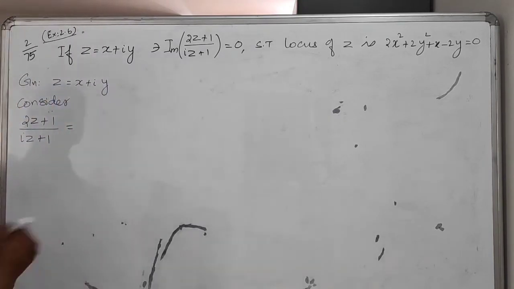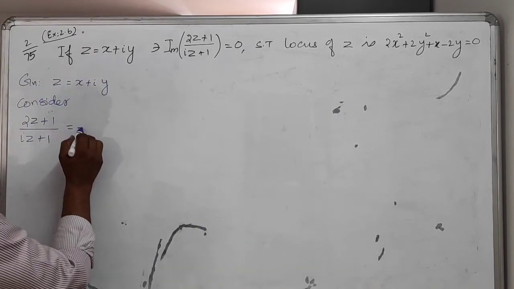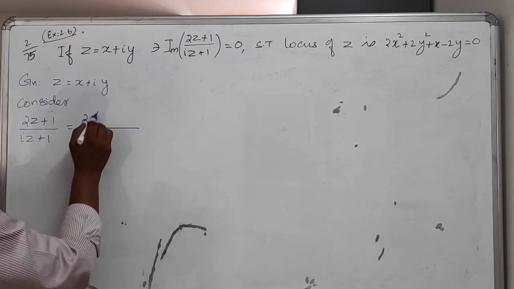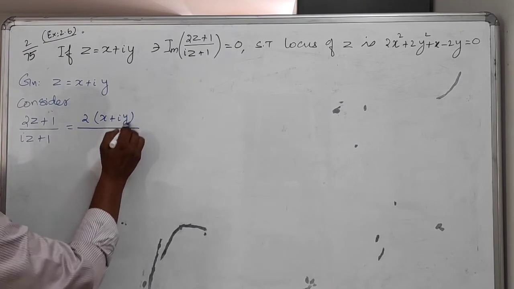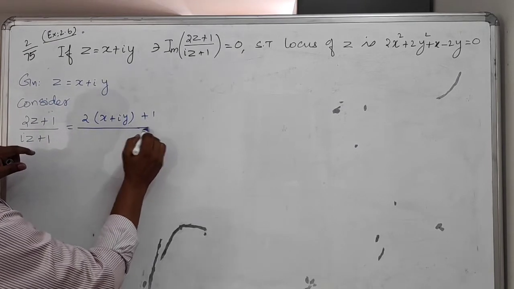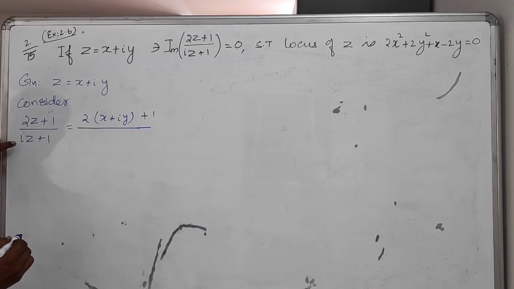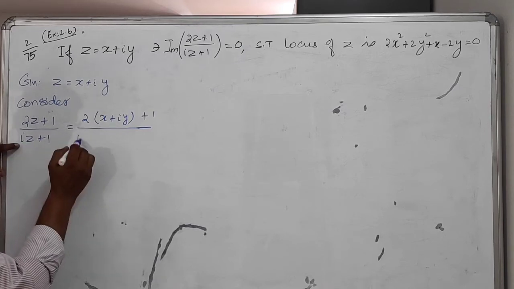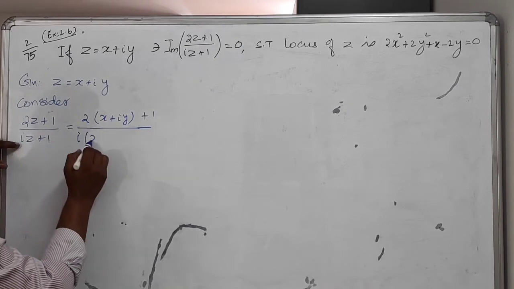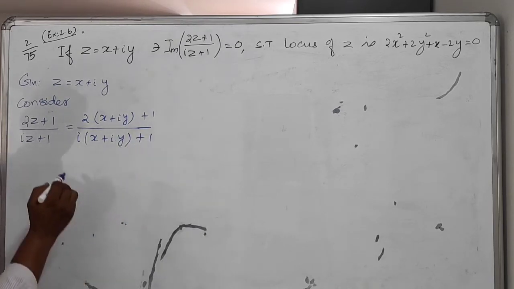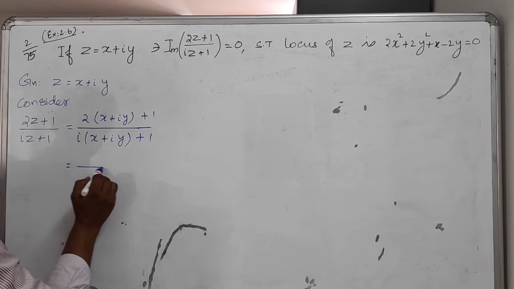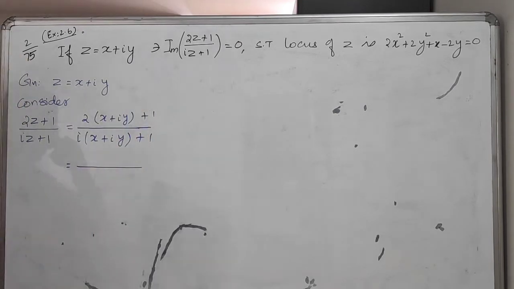Now listen here, you replace these z values. 2 into, what is the z value? x plus iy, then plus 1. In the numerator you replace z. Similarly, replace this z: i into, here z is x plus iy, then plus 1. Now again, rearrange in the rectangular form both numerator and denominator.